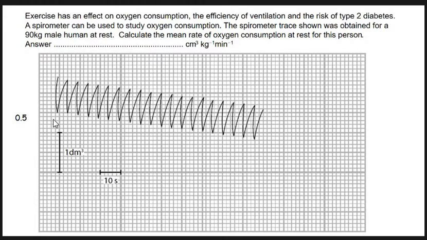So the first thing you do is work out what is represented by a minute on the graph. So each one of these, that's 10, 20, 30, 40, 50, 60, that's a minute. So from there to there is a minute, okay? And then you want to work out the change in the volume of oxygen consumed using the spirometer.